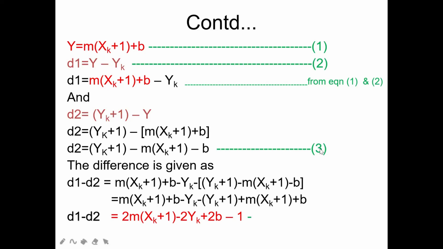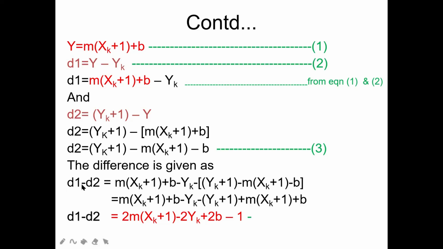Now I have to find out the difference between d1 and d2. So I will write down here d1 minus d2. What is the value of my d1? m(xk+1) plus b minus yk.